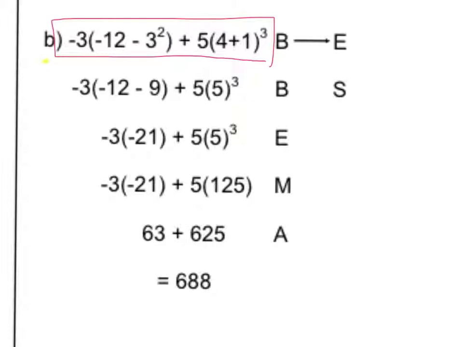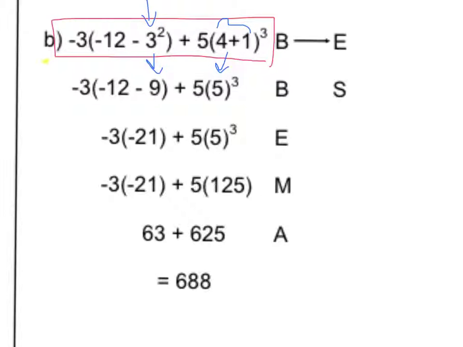So inside the brackets for the first bracket, you will calculate the exponent. And inside the second bracket, since all you have is adding, you're going to add those two together, 4 plus 1. So now into the second step, 3 squared becomes 9. 4 plus 1 equals 5.